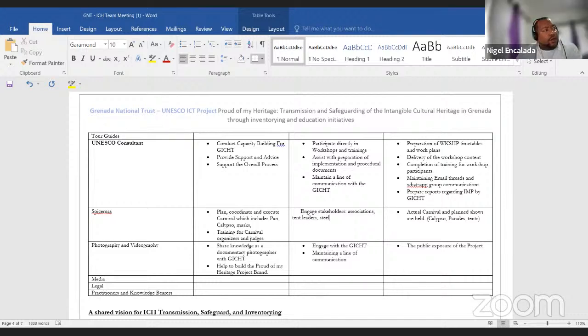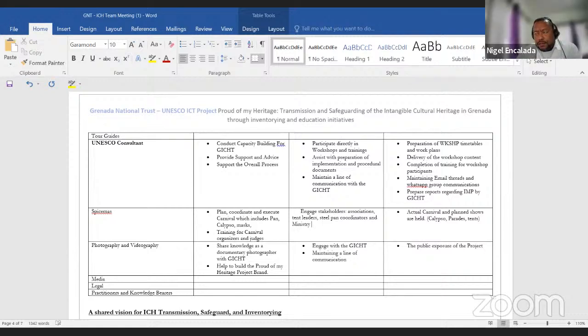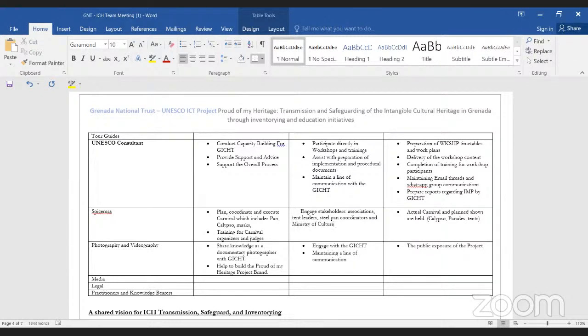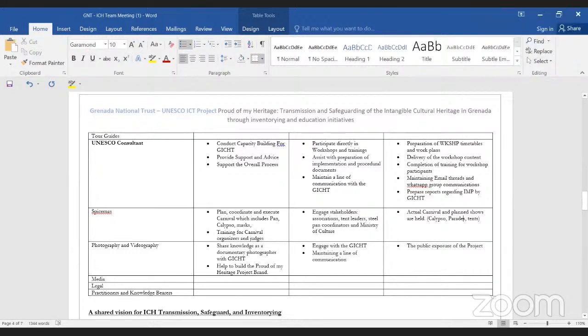Do you have to contact anybody in government? Well, of course, we take directives from the Ministry of Culture. Okay, all right, got it. Could you take a look at this and see if it reflects what you said, please? Yeah, we also work along with the mass band leaders in terms of consultation.